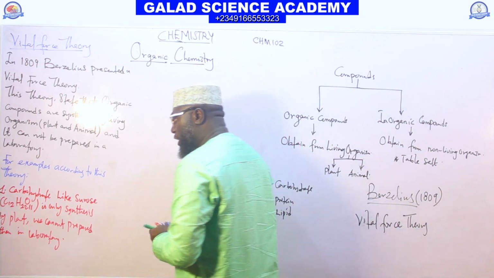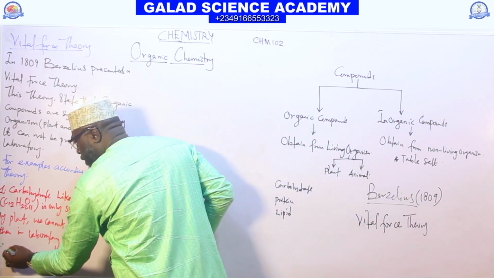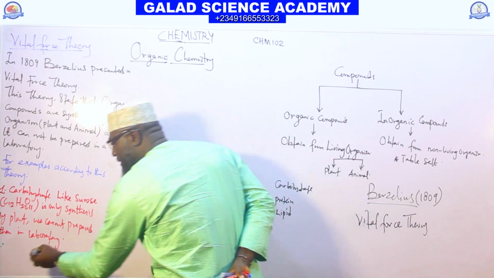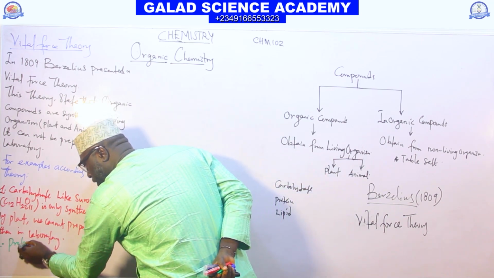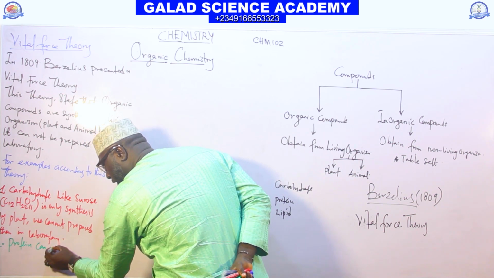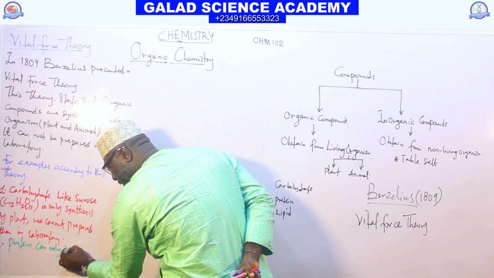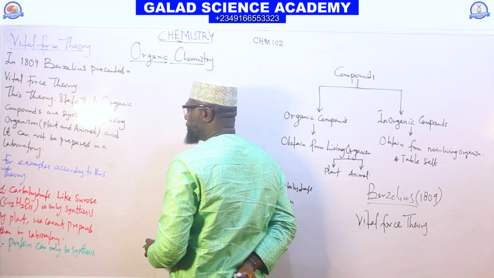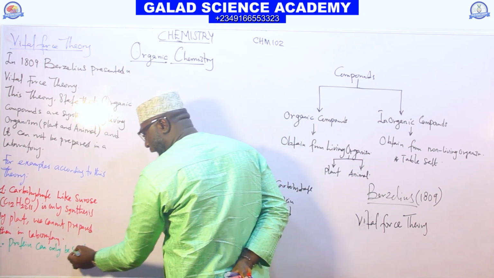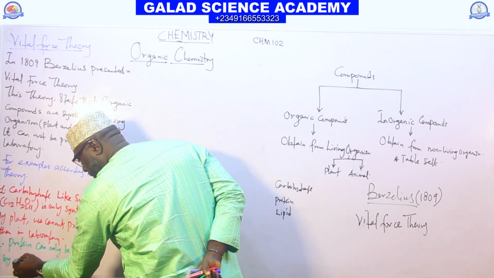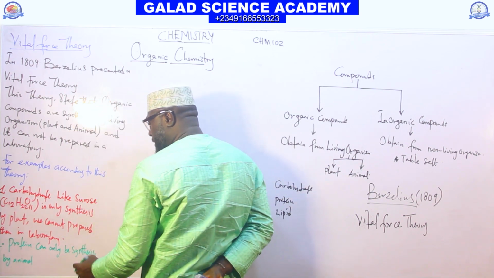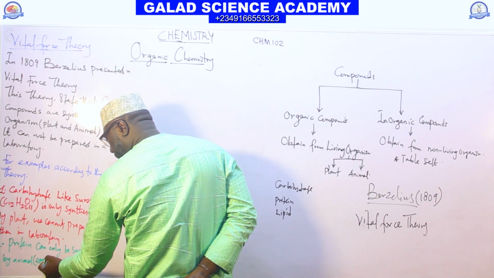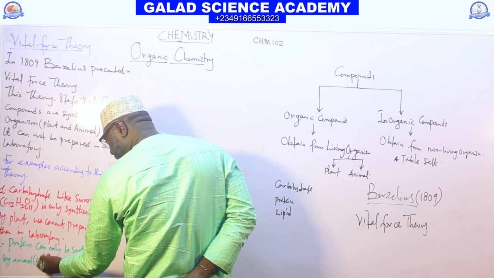The second example of the vital force theory: he said protein can only be synthesized by animals, for example the egg in a chicken, or meat.